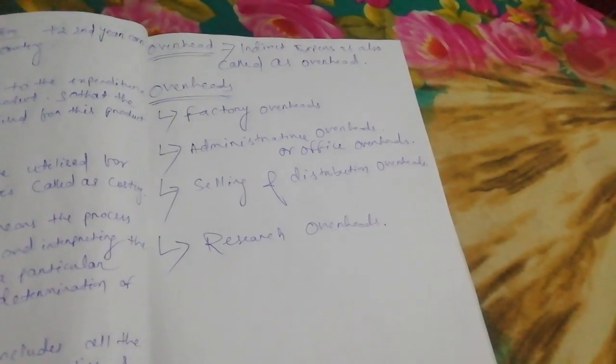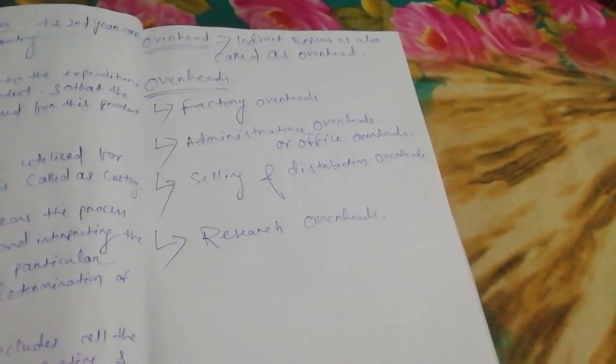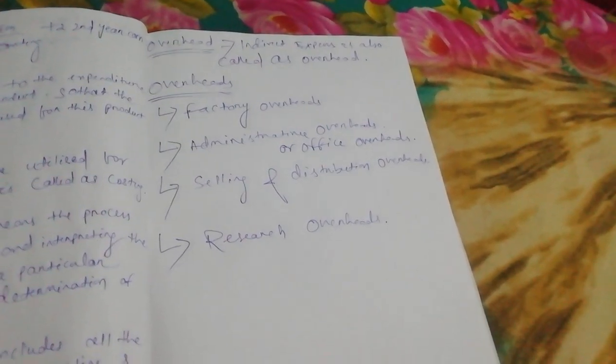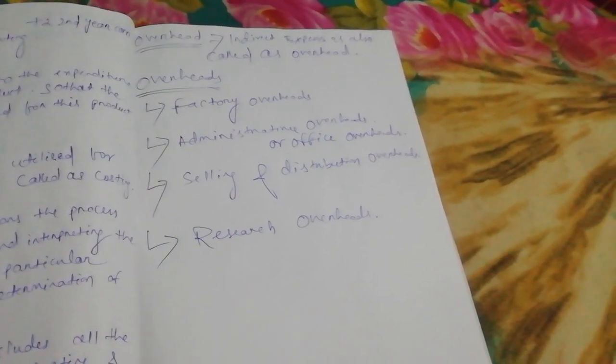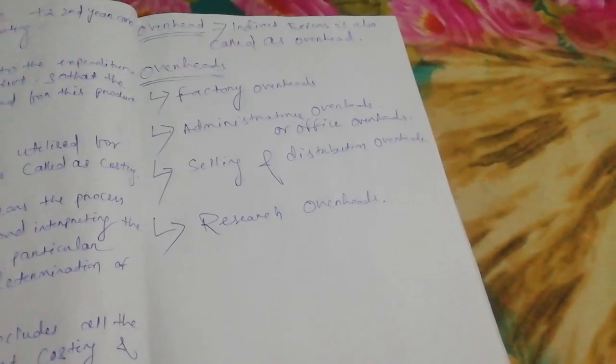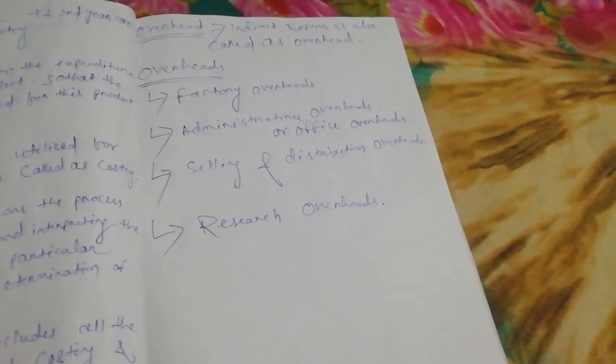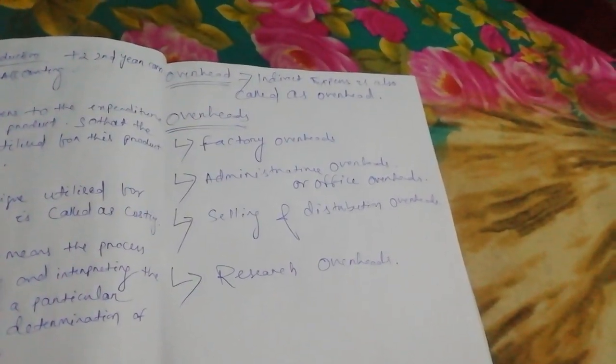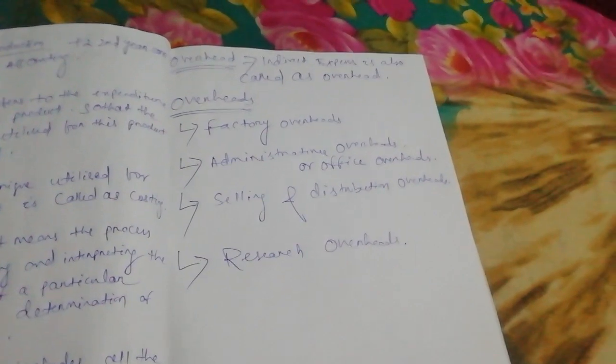One is factory overheads, another is office and administrative overheads, and the last one is selling and distribution overhead, under which all overheads except factory and administrative are covered. Okay, so these are the overheads.